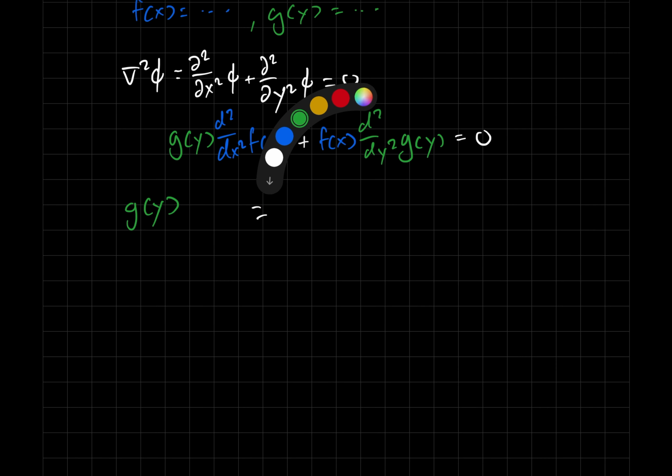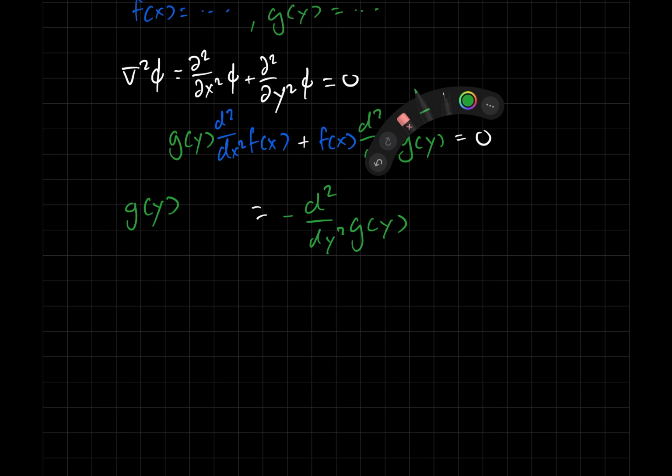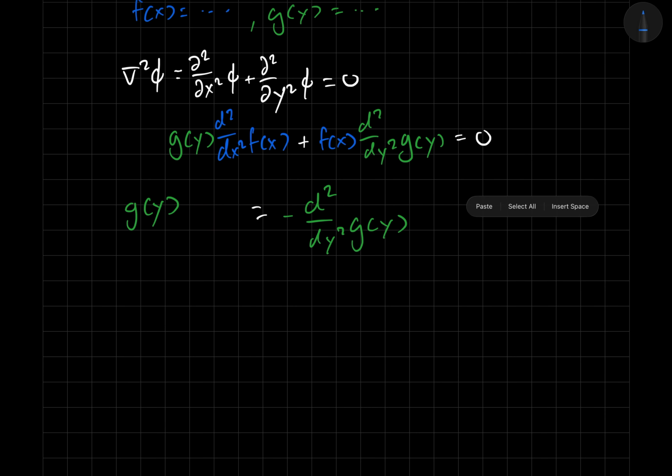So we have g of y times negative d squared dy squared g of y, and here d squared dx squared f of x. We just took this and moved it to the other side.